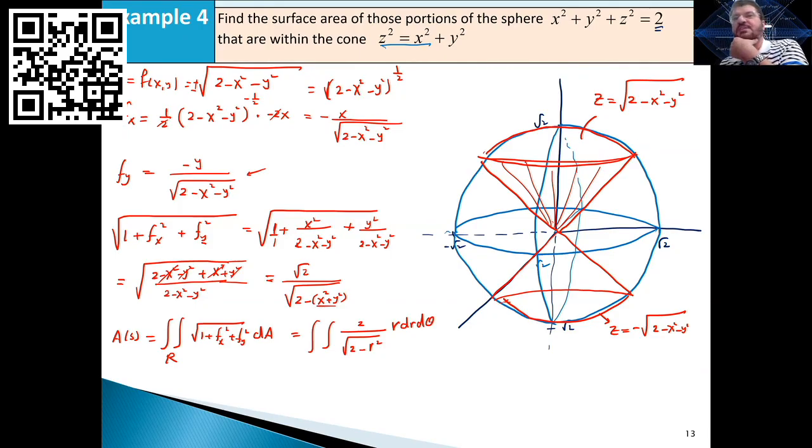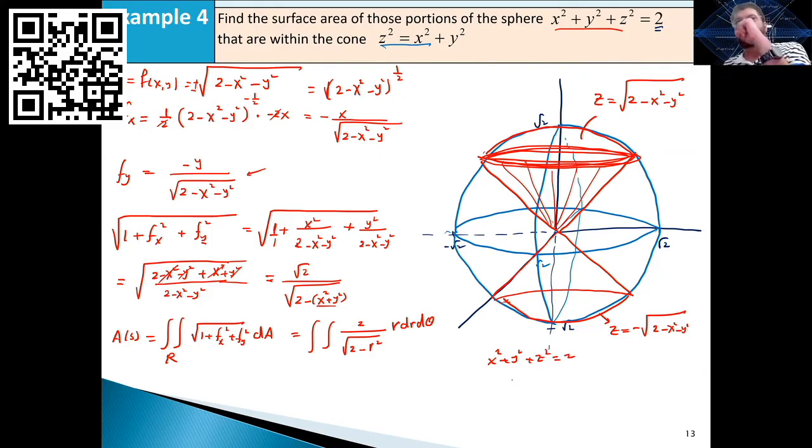If I flip this one, guys, here's our circle. So this is the result of the intersection between the cone and what? And the sphere. So what do we have here in the sphere? I have x squared plus y squared plus z squared is equal to 2.